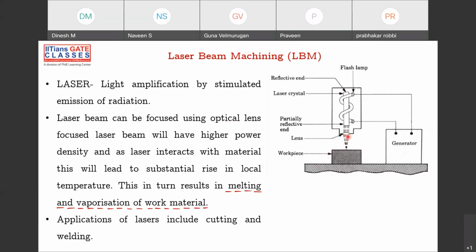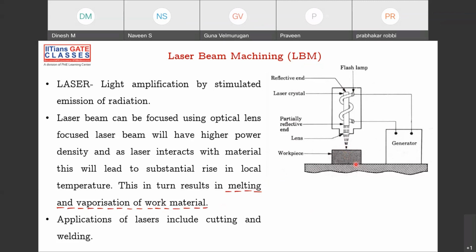As the diameter is reduced, a huge amount of energy is focused at a single point on the workpiece. Because of that, the workpiece is heated and then melted, and as it melts, it gets vaporized. So the mechanism in which the laser removes the workpiece material is by melting and vaporization.